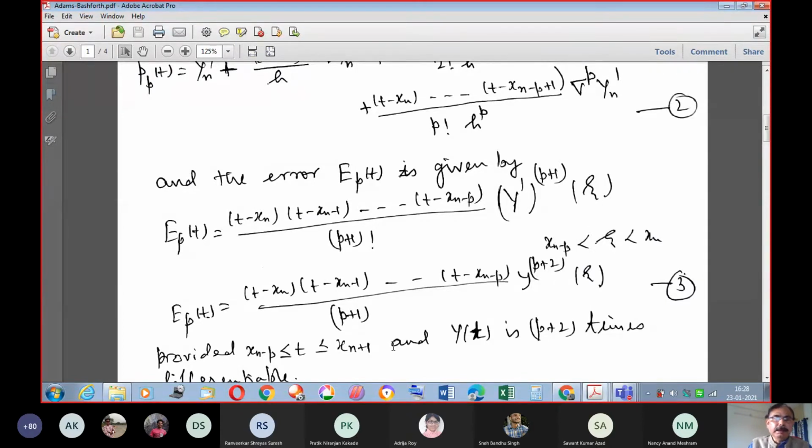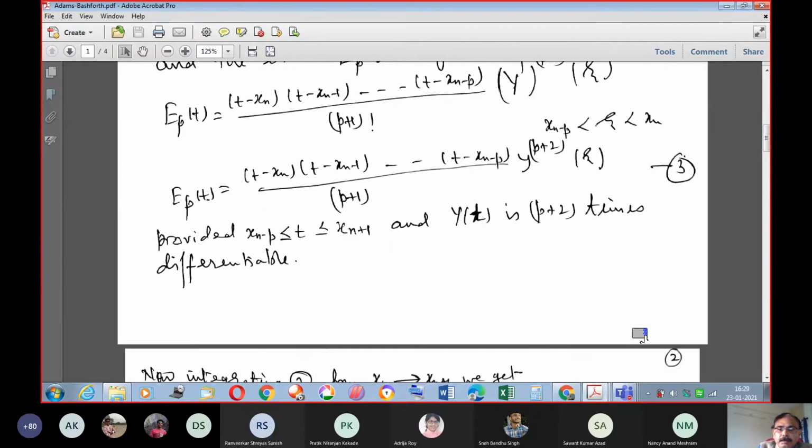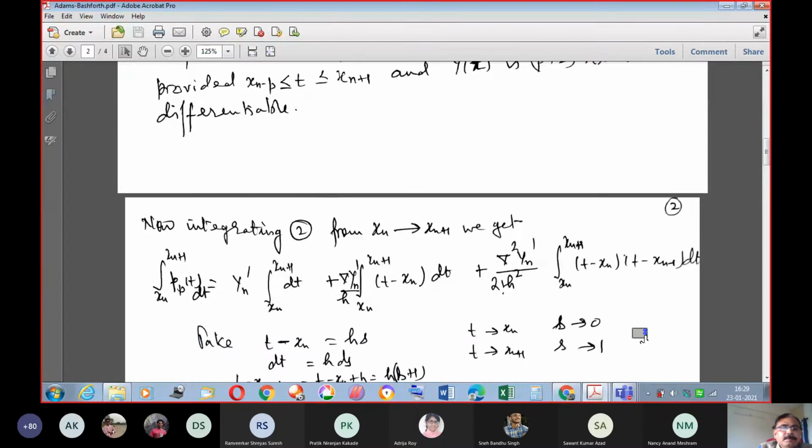And the point t lies between x_n minus p and x_{n+1} also, because x_{n+1} comes in the picture once you integrate it. So that also is taken care of here. And y has to be p plus 2 times differentiable, otherwise you cannot write this.